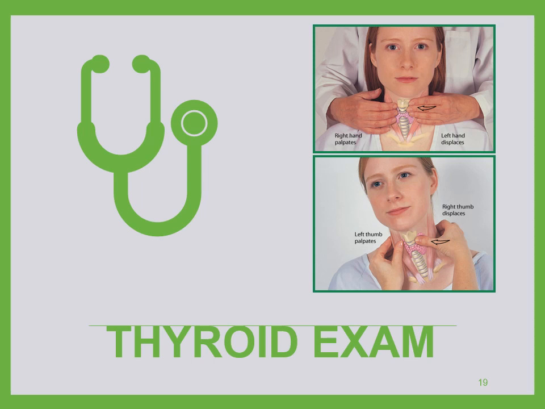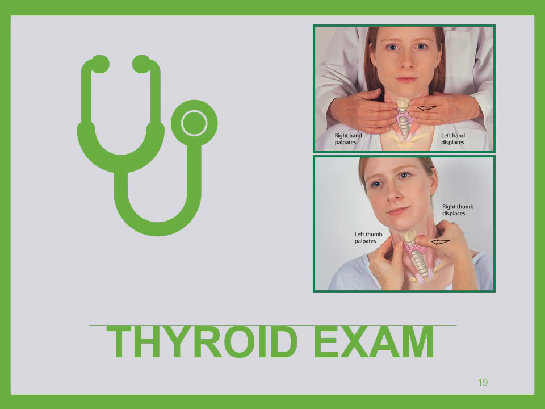Normally, lymph nodes are not palpable. If you find an enlarged node, note if it's tender, which indicates inflammation or infection, or if it's enlarged and rubbery but not tender, which is concerning for cancer.